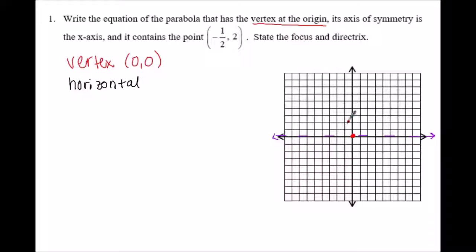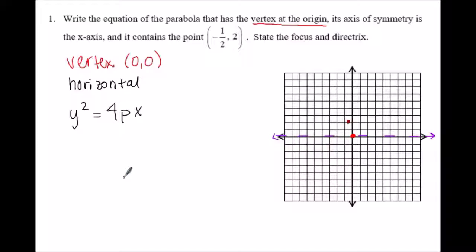So that would be here. This means that our parabola is going to be facing the left when we sketch it. So let's plug in what we know. We know that we have a horizontal parabola and the vertex is (0, 0). So we have y² = 4p times x.